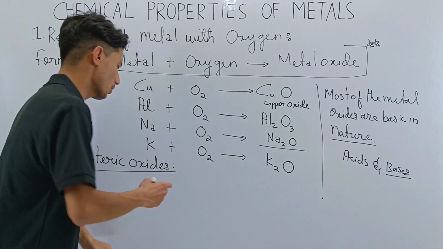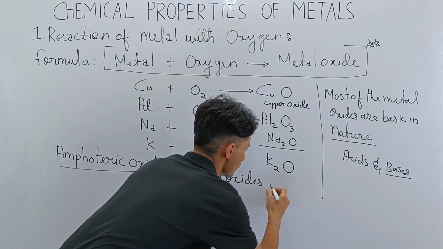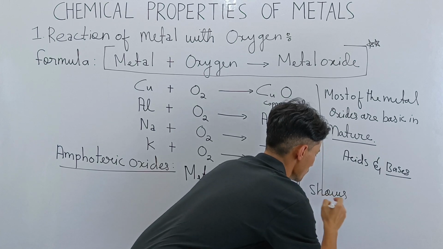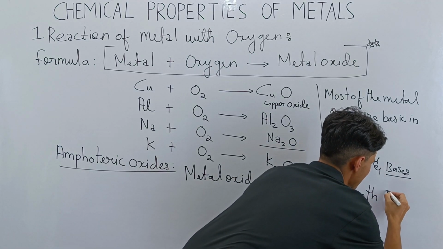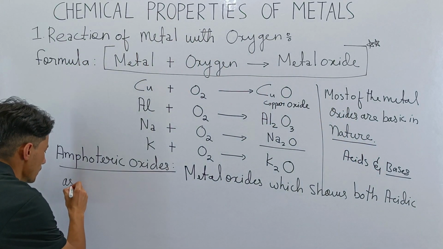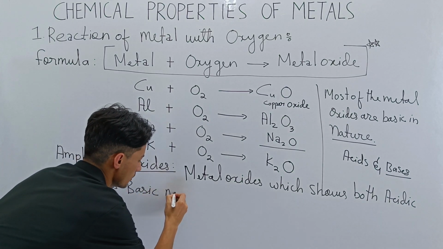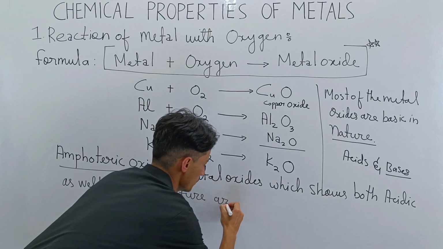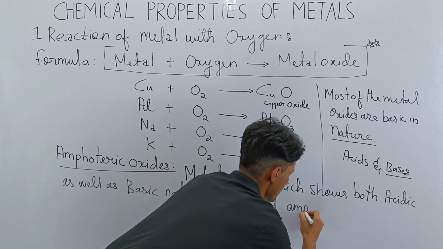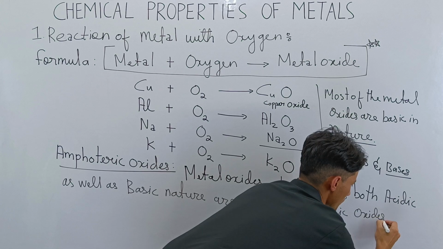Amphoteric oxide means metal oxides which show both acidic as well as basic nature are called amphoteric oxides. So small letter m, amphoteric oxides.